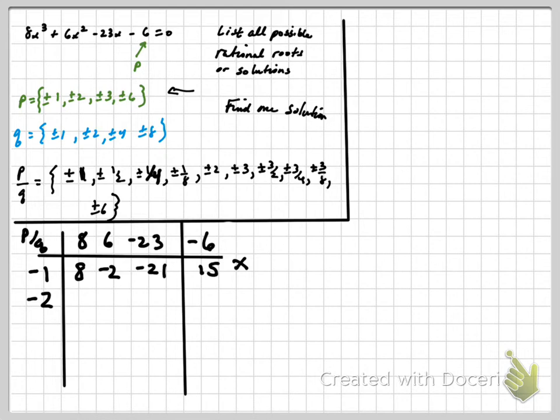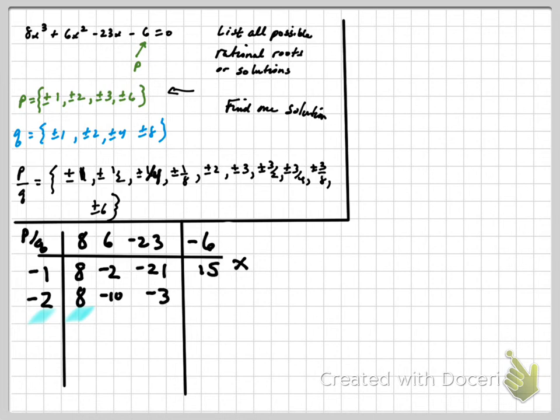All right, so I could go in either direction, and again, like I said, there are some ways to restrict this that you'll see in the next video. I'll bring the 8 down, and I'll do the process in my head again. I take this number and this number, multiply, get a -16, and add it to the 6. So I'm going to end up with a -10. And then I'm going to multiply the -2 times the -10, and I get a +20, and that's going to give me a -3.